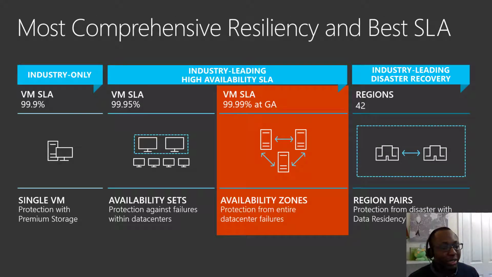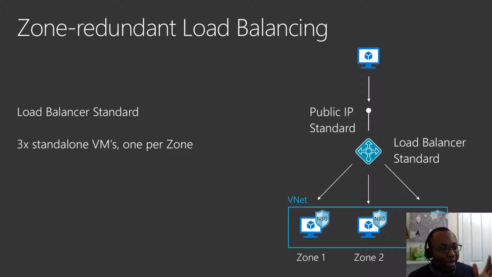But now that we have multiple availability zones, we probably need a new type of load balancer that will be able to accommodate that. So that if we're designing our solutions and splitting them across multiple availability zones, we can distribute loads across all our services, across all the different availability zones that we're using. And that's where the standard load balancer comes in.